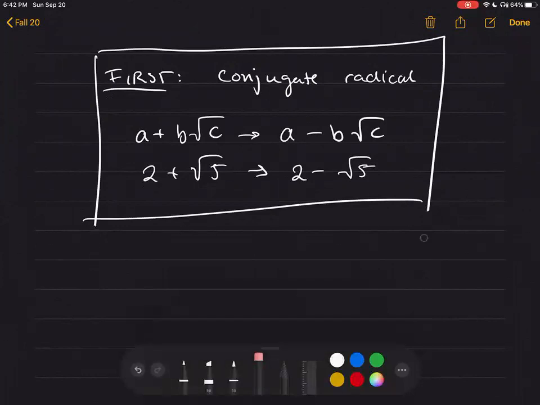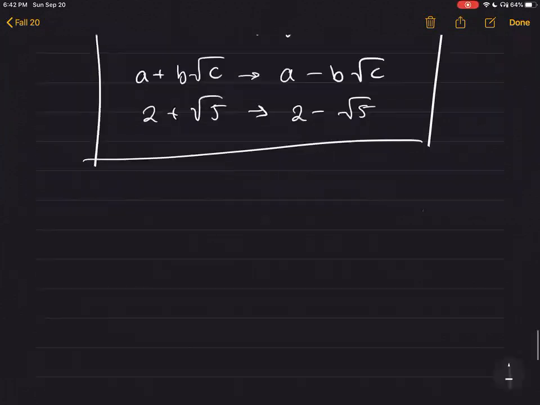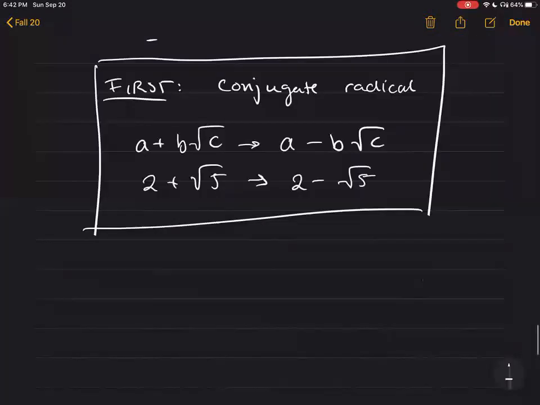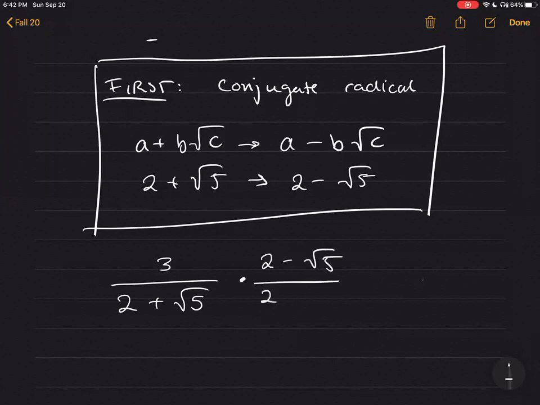Okay? So once you have the conjugate radical like this, then what you're going to do is take your expression. So in this case, we have 3 over 2 plus square root of 5. And I'm going to multiply it on top and bottom by the conjugate radical. So 2 minus square root of 5 over 2 minus square root of 5, our fancy one.